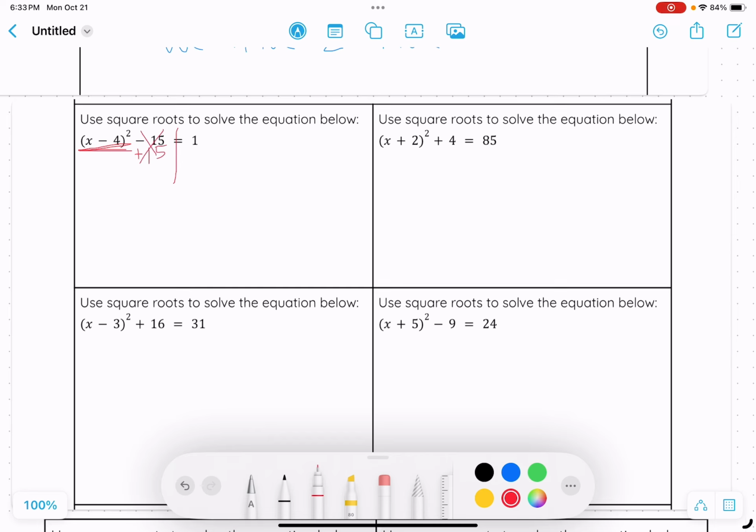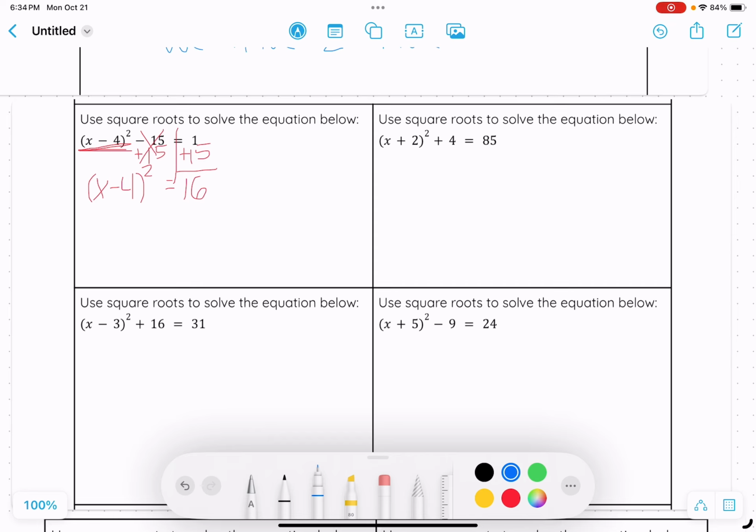So we're going to add 15 and add 15. So 1 plus 15 is going to give us 16. And then all we have left over here is x minus 4 squared. So now we have just our perfect square on the left-hand side.